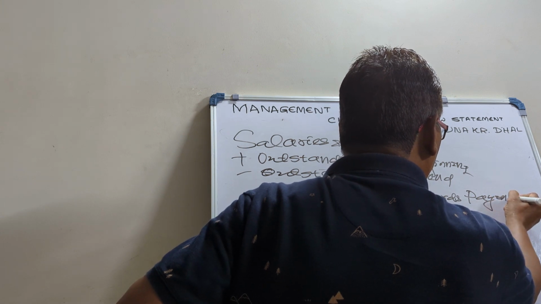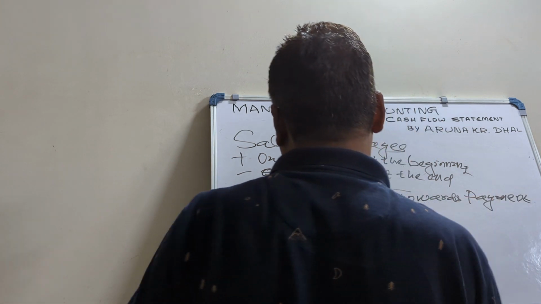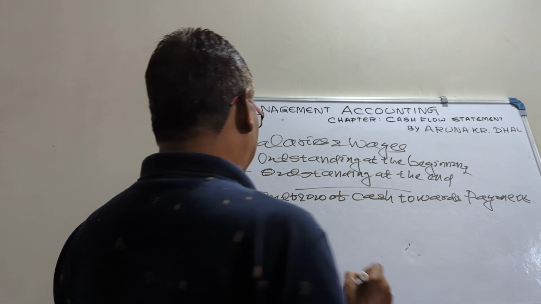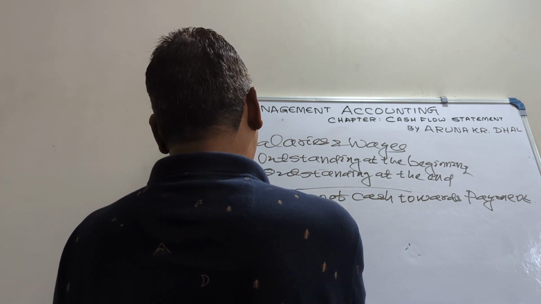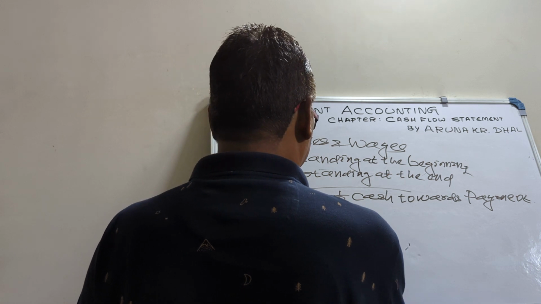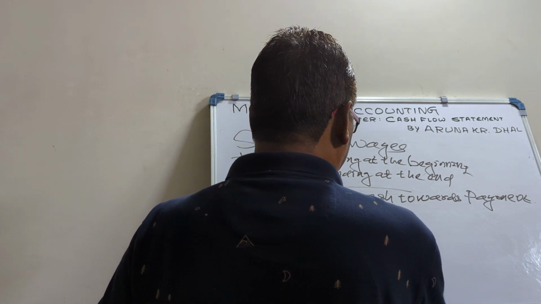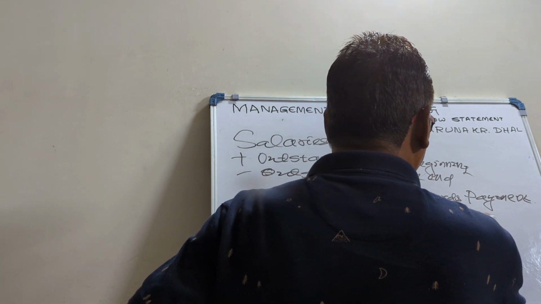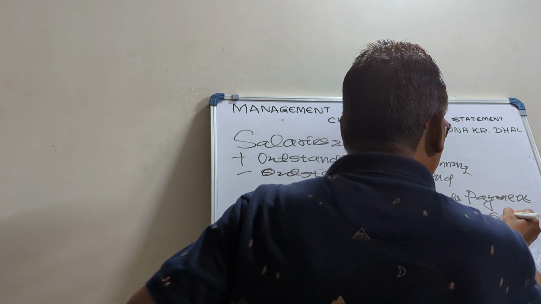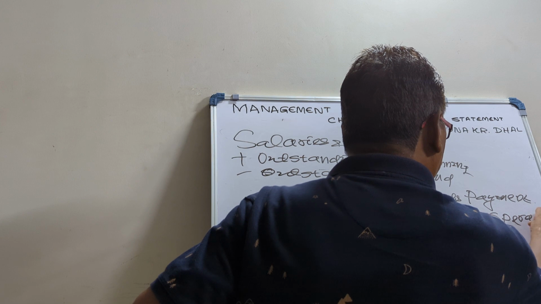So from inflow we will deduct outflow of cash. Inflow of cash minus outflow of cash is the net cash generated from operating activities.